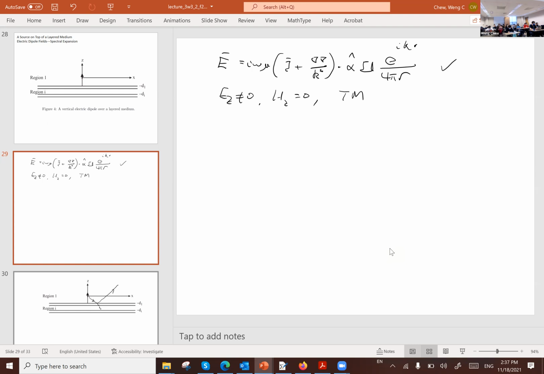And hence you can go about expressing this in terms of the Weyl identity, which allows you to express this in terms of plane waves.